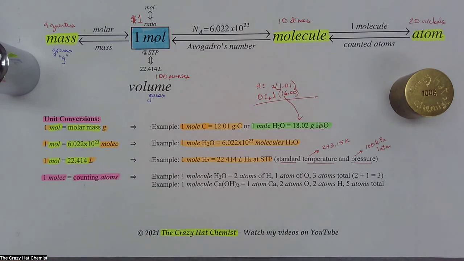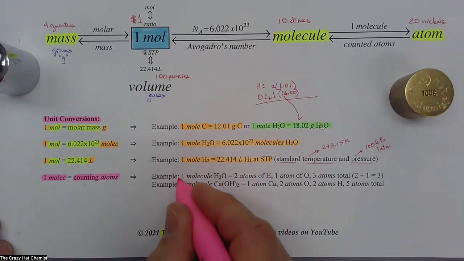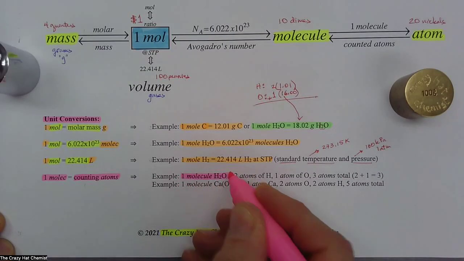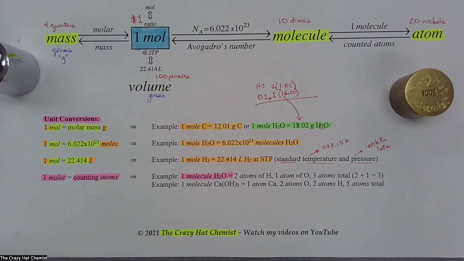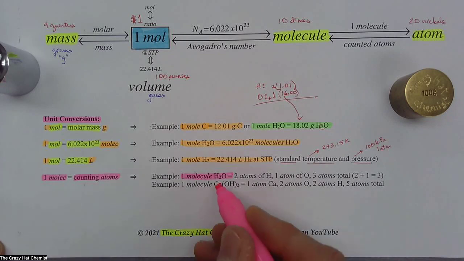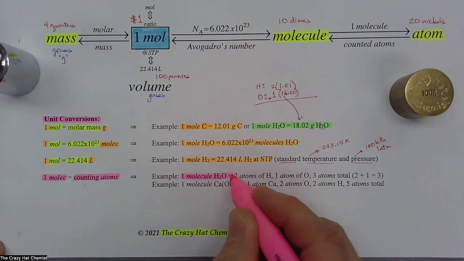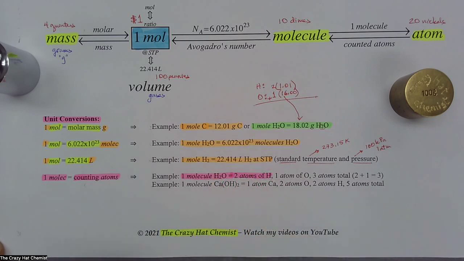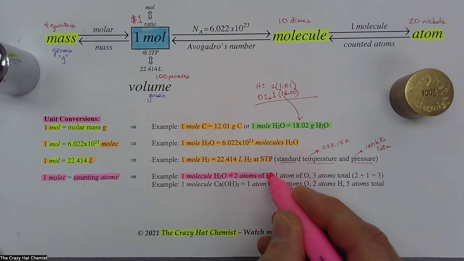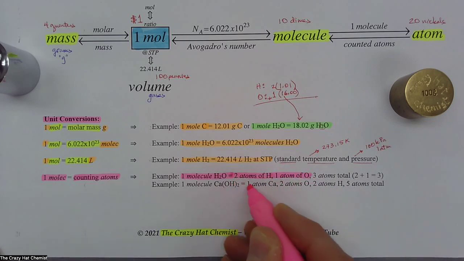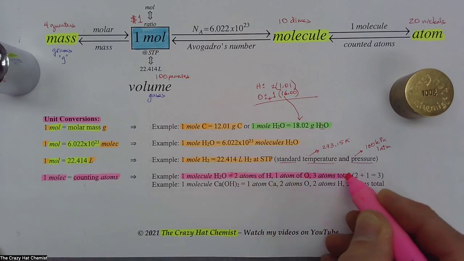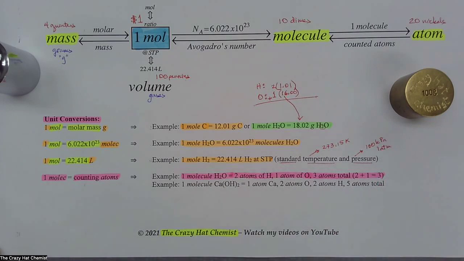This is very critical that you understand. 1 molecule of water: we look at how many of each element is in this formula. There are 2 hydrogens, so 2 hydrogen atoms, and 1 oxygen. 2 plus 1 is a total of 3 atoms.